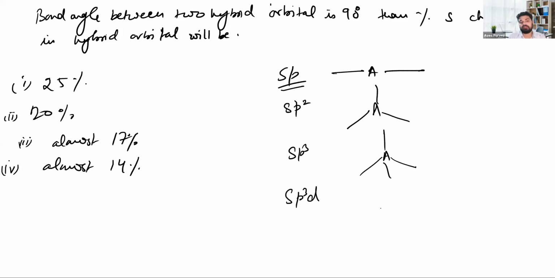SP3D actually has 6 angles of 90 degrees, because it has 1 at 90, 2 at 90, 3 at 90. Every bond is making 3 above and 3 below. So we have 690 degree angles. Okay, and the next one.